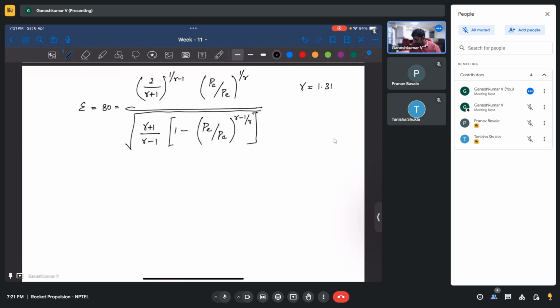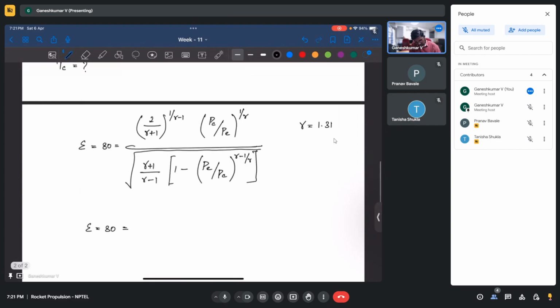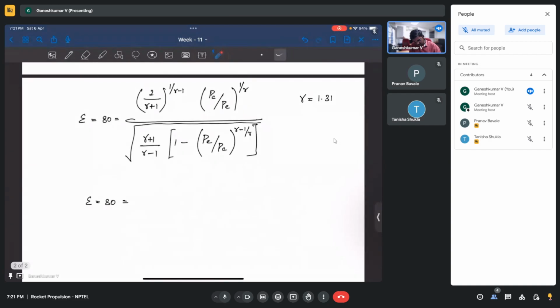Let's say epsilon equal to 80 is equal to, let's see how much this part comes out to be.